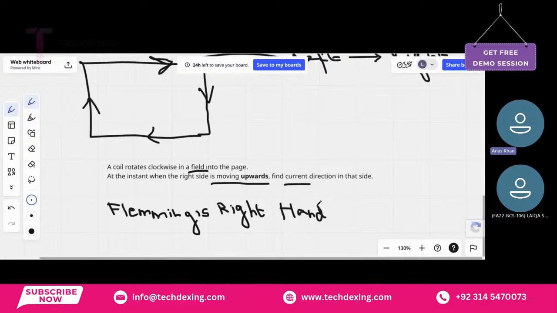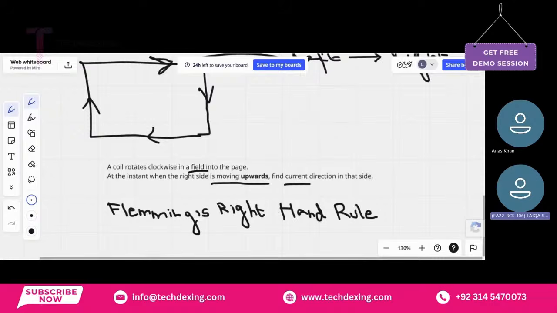The second finger gives the current, the index finger gives the magnetic field, and the thumb represents the motion. Yes, very good, excellent.